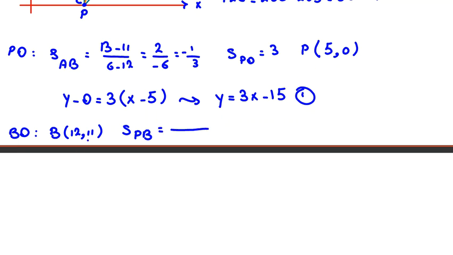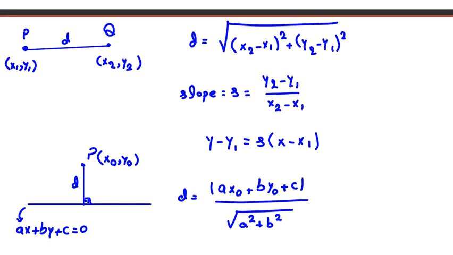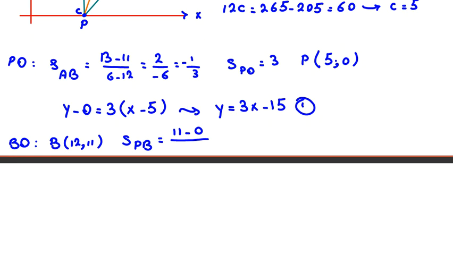P is this, B is this. I told you if you want to find slope, it will be y2 minus y1 over x2 minus x1. So y2 minus y1 is 11 minus 0, x2 minus x1 is 12 minus 5. So it will be 11 over 7.